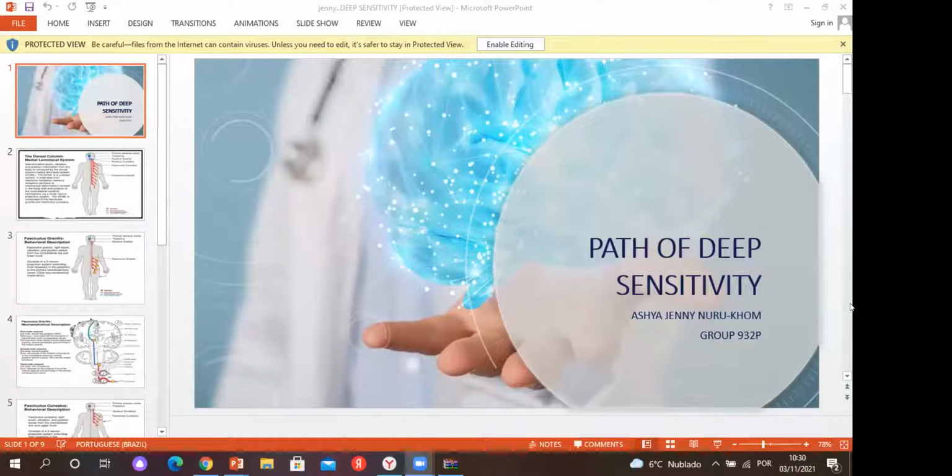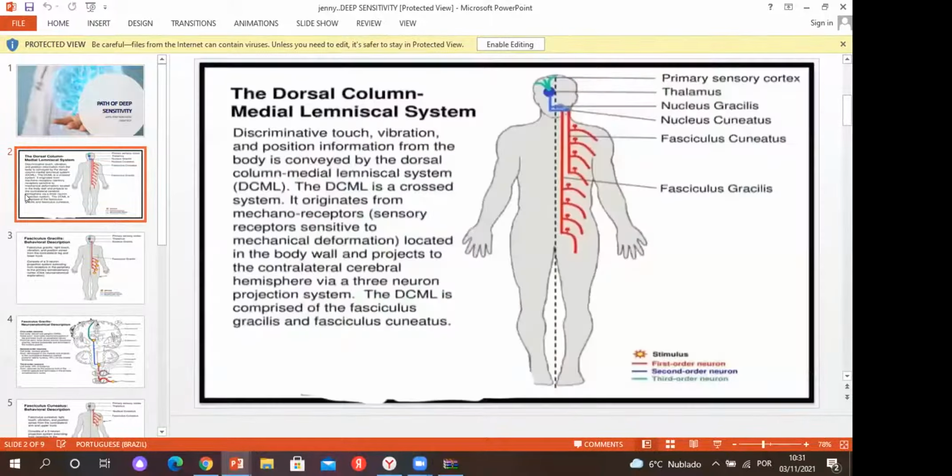Deep sensitivity is conveyed by the dorsal column medial lemniscal system, which stands for DCML. The DCML is a cross system. It originates from the mechanoreceptors located in the body wall, and then it projects to the contralateral cerebral hemisphere via a 3-neuron projection system.